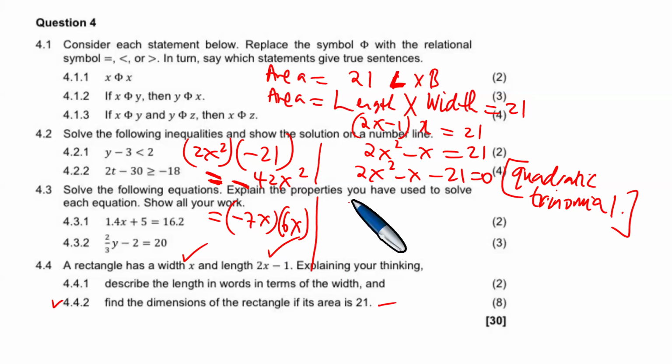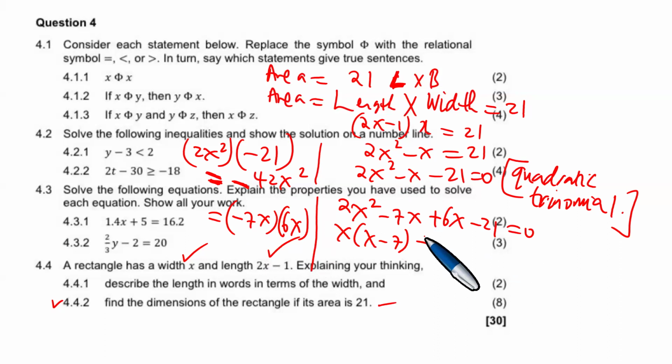So which means that you have 2x squared minus 7x plus 6x minus 21 equals 0, because the factors of minus 42 that give minus 1 are minus 7x and 6x. You pull out x here, and this is x minus 7 plus 6, which is x.